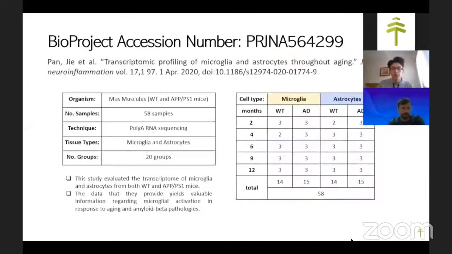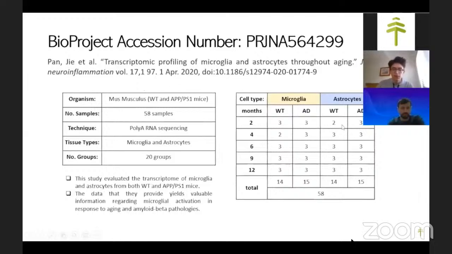tangles. So for this project, I wanted to evaluate how the transcriptome of microglial cells varied across age. And I used this data set from this study, transcriptomic profiling of microglia and astrocytes throughout aging from the Journal of Neuroinflammation.